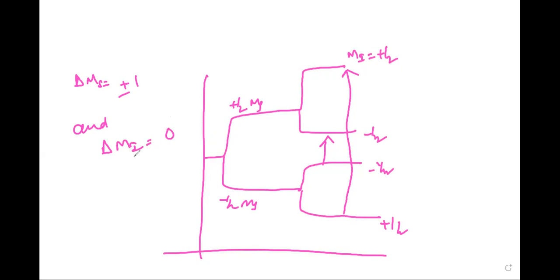So these are the 2 selection rules, and the 2 ESR signals for the hydrogen atom correspond to the transitions E minus 1 by 2, plus 1 by 2 to E plus 1 by 2, plus 1 by 2, and E minus 1 by 2, minus 1 by 2 to E plus 1 by 2, minus 1 by 2. Okay, those are the selection rules.